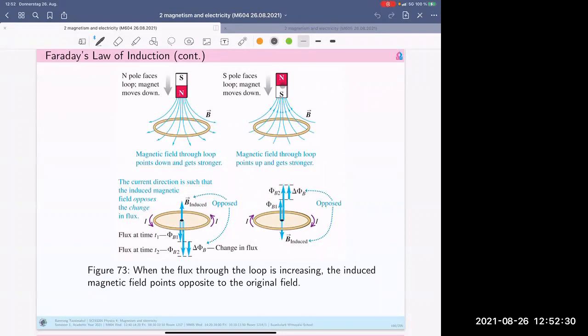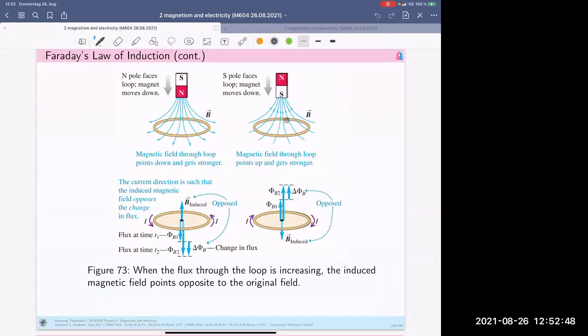If you move the south pole into the conductor, what is going on? Let's make an analysis. You move the south pole.